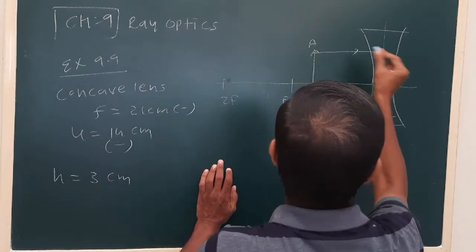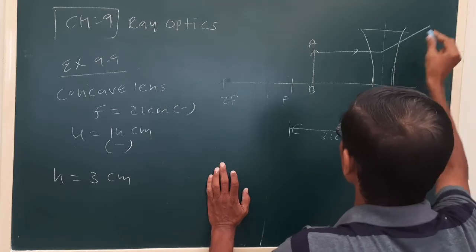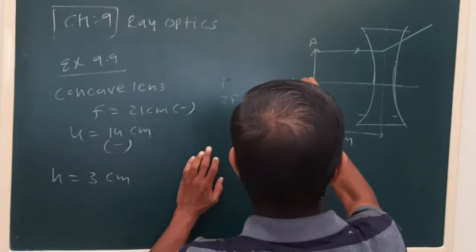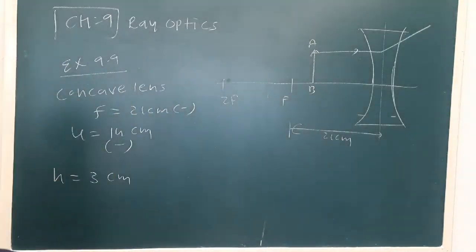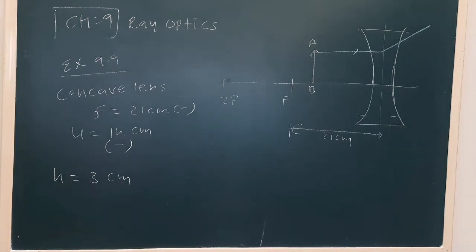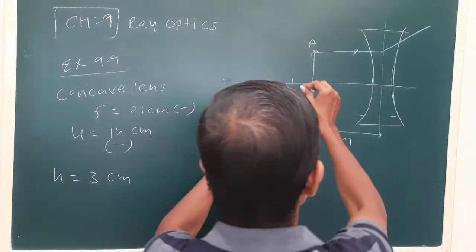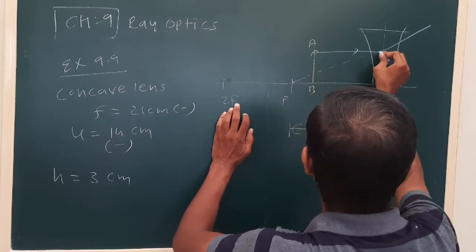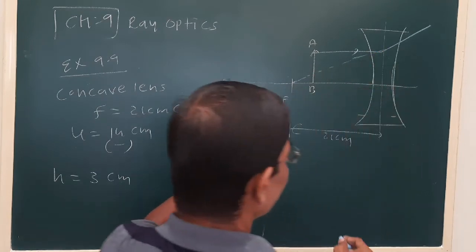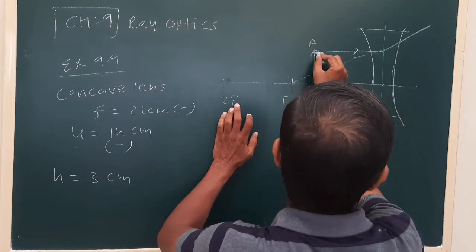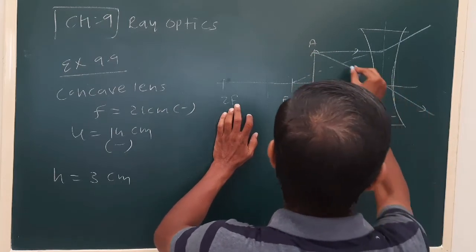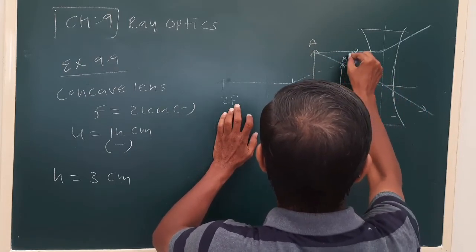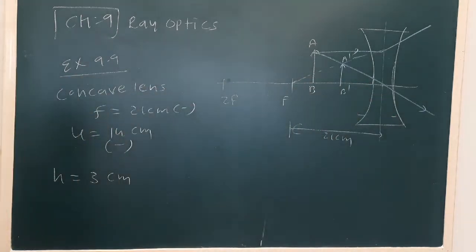First ray parallel to the principal axis, after refraction, since it is a diverging lens, we produce the rays backward so it appears to pass through F. And the ray passing through the optical center travels in a straight line. So what we can say? A virtual image is formed at A dash B dash. This is how the image is formed.